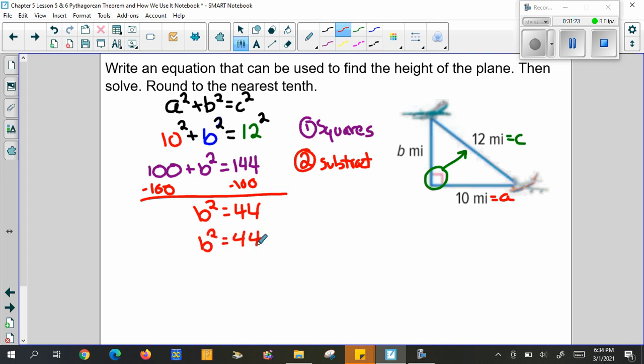To finish finding what b is equal to, we're going to take the square root. b then is equal to, let's see, I got 6.6.